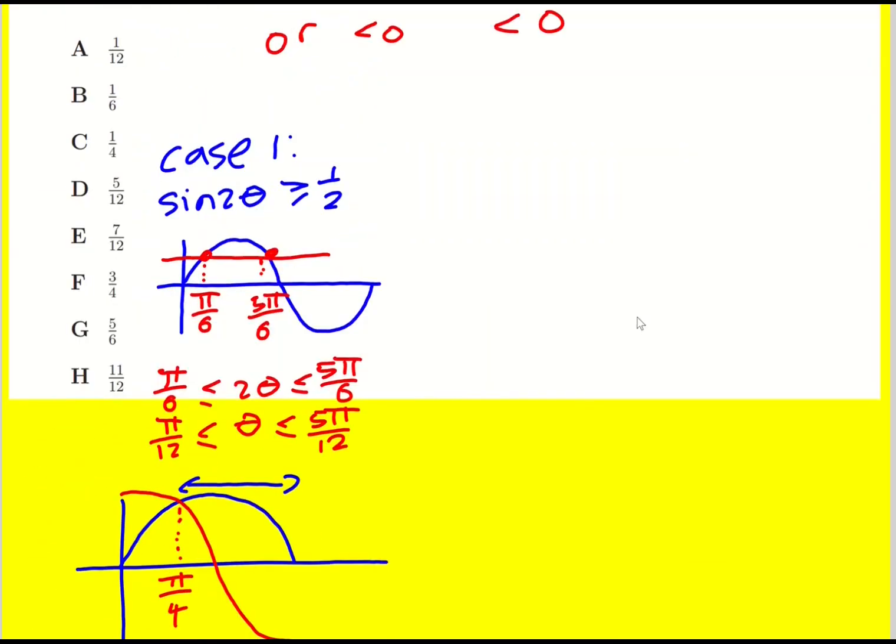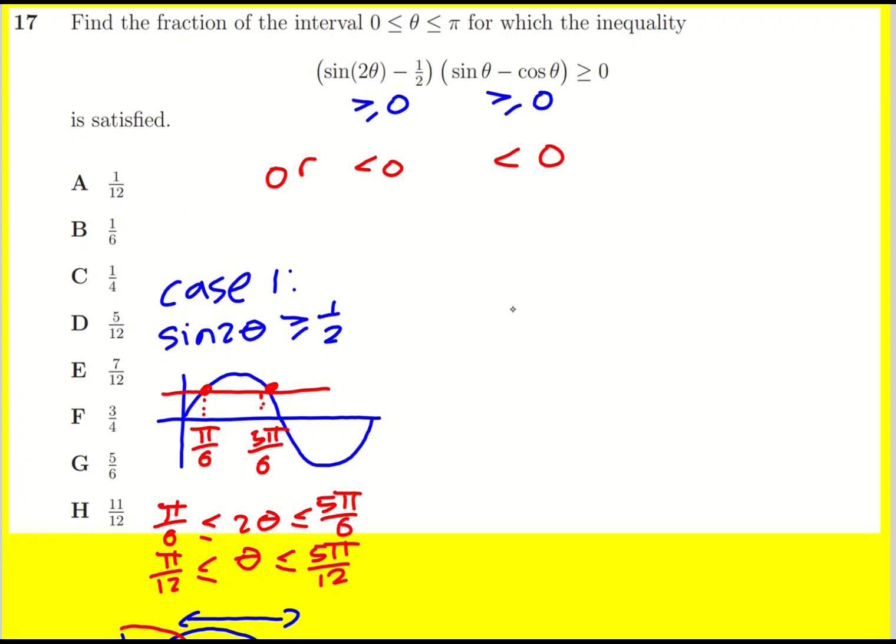All right, let's move on to case 2. This is when they're both less than 0. Sine 2 theta now needs to be less than a half. And I can use the graph that I've already drawn.